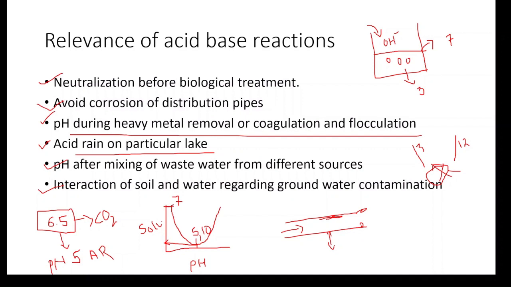Heavy metal will be dissolved in water, and then via soil it may go down to the groundwater after rain. So we do not want that. So that is why sometimes we maintain the pH of the soil so that the solubility of these heavy metals or any substance can reduce. So this is why we need to know the acid-base reactions.